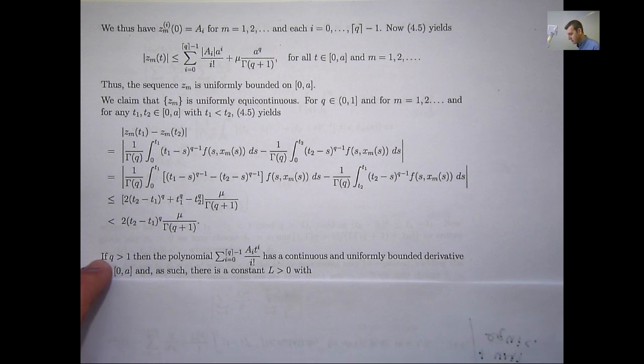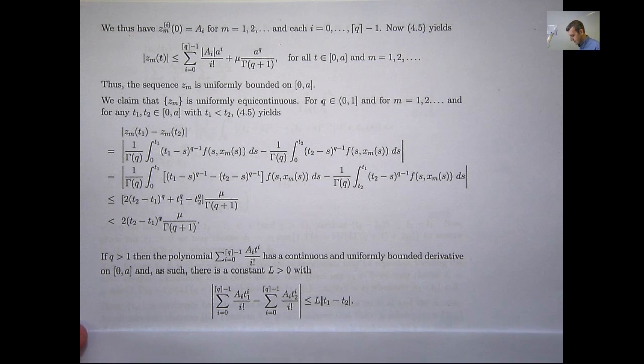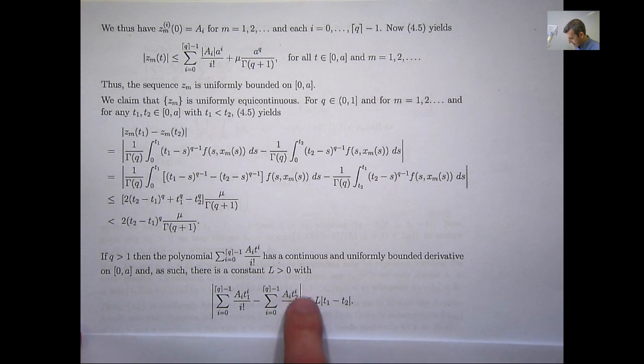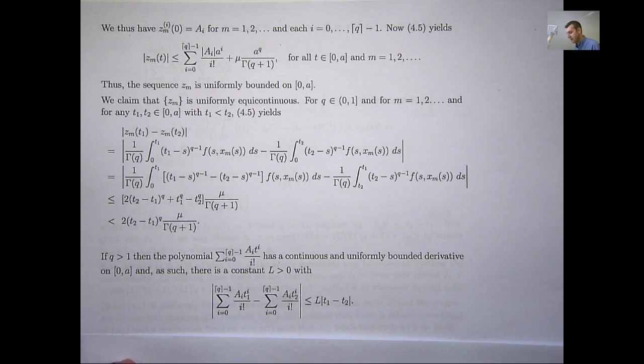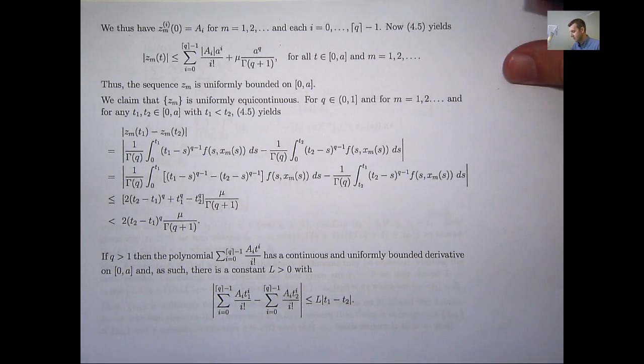Okay, now if q's greater than 1, this polynomial has a continuous and uniformly bounded derivative, just a regular first order derivative there, and as such there's a constant L such that this inequality is satisfied.